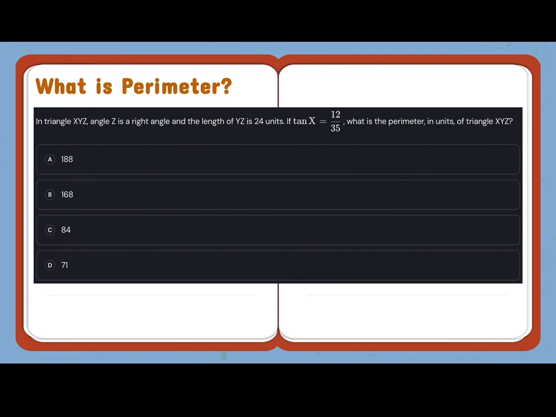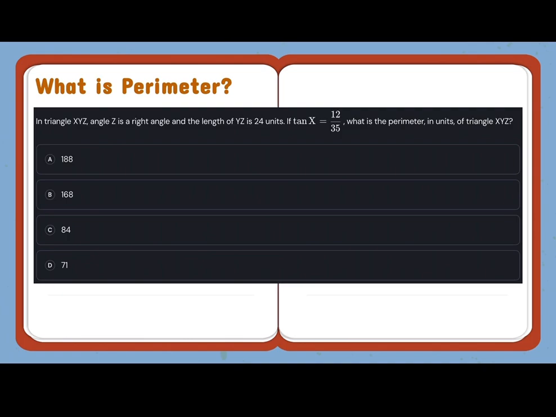Okay, so this question here: in triangle XYZ, angle Z is a right angle and the length of YZ is 24 units. If the tangent of x is equal to 12 over 35, what is the perimeter of triangle XYZ?